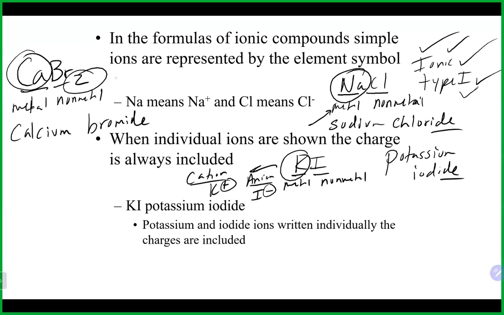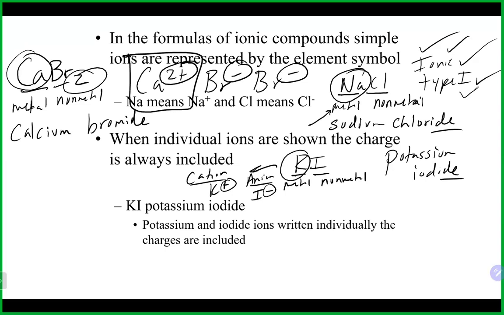Obviously, the 2 is because calcium has a +2 charge. Each of the Brs are -1. And we need not 1, but 2 of them to balance out the +2 charge that's happening in this case. Once again, if you were asked to write the cation for this, this is what you should write with the +2. If you're asked to write the anion, that right there is what you should write for the anion.